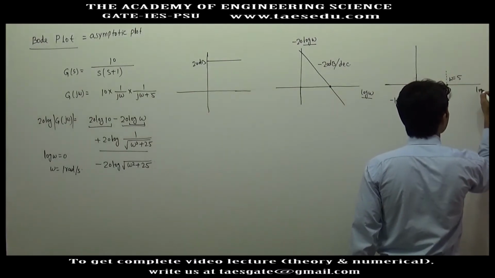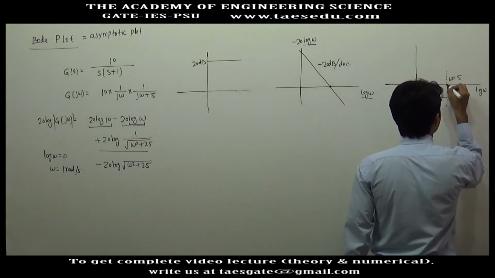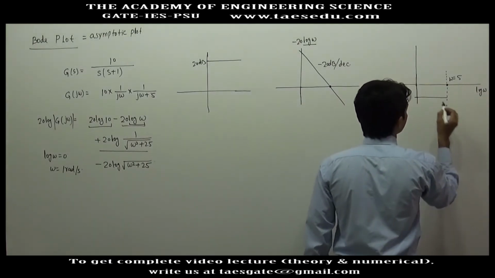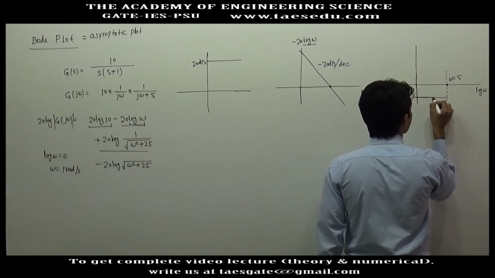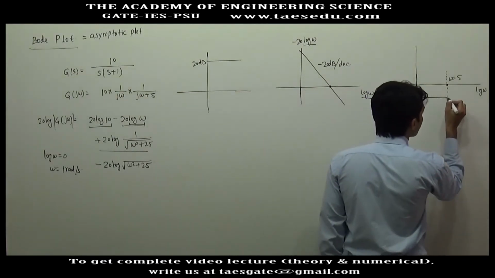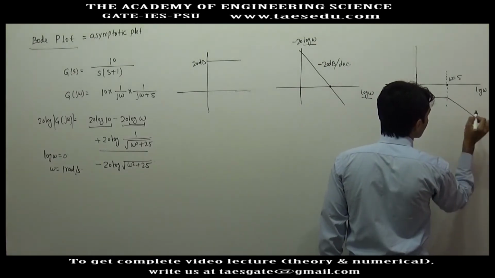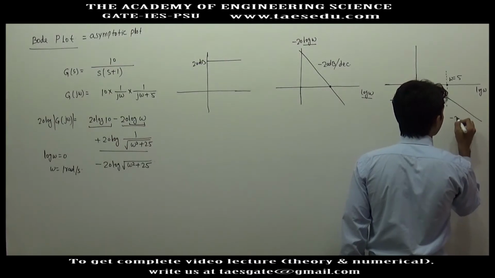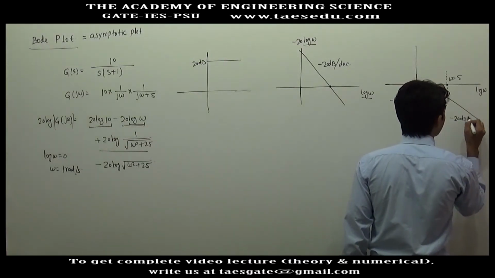But the axis is log omega, so the actual point on the axis will be log 5. Up to log 5 we have a constant gain of minus 14 dB, and after this point the second asymptote is valid. Here we will have a slope of minus 20 dB per decade.